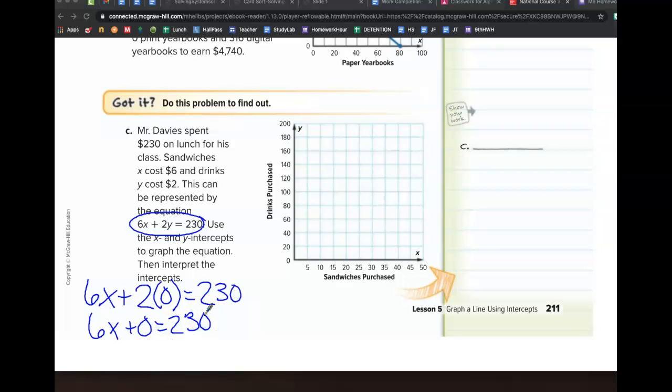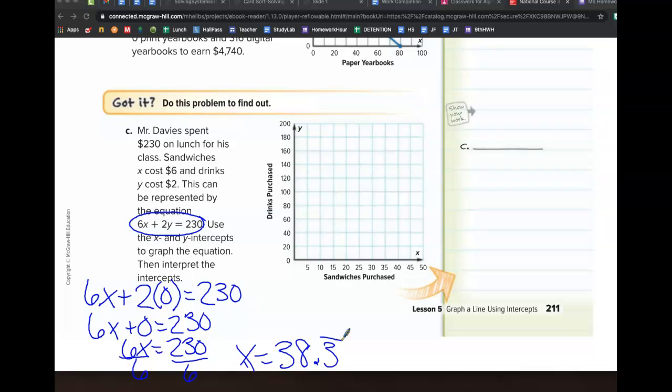Well, 6x plus 0 is the same as 6x equals 230. I divide by 6, divide by 6. x equals, I believe it's 38.3 repeating. Okay?